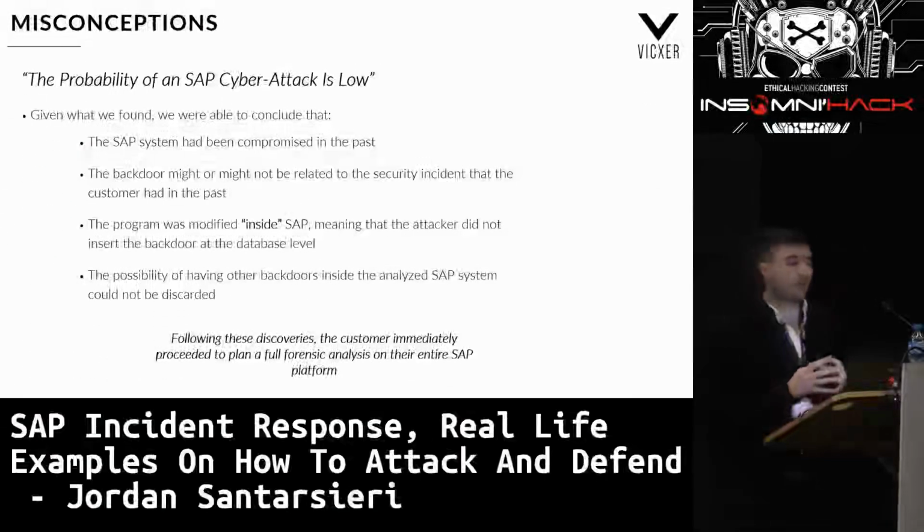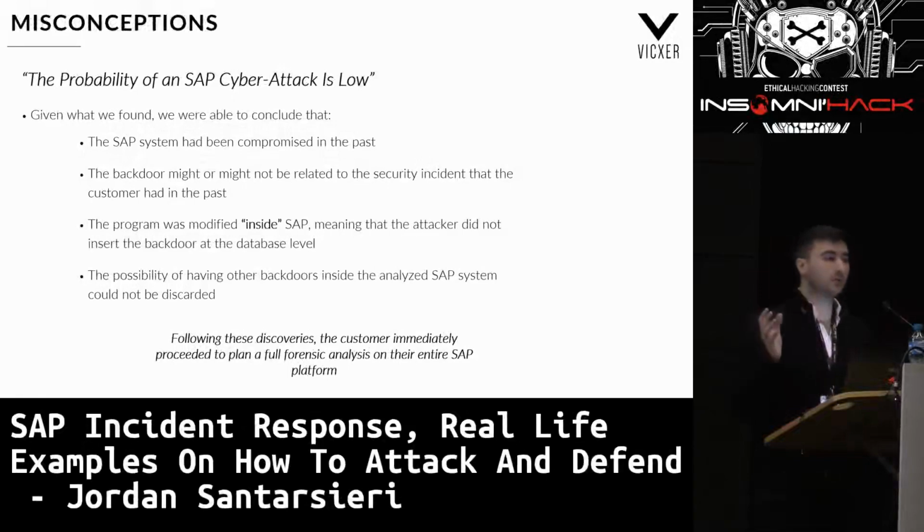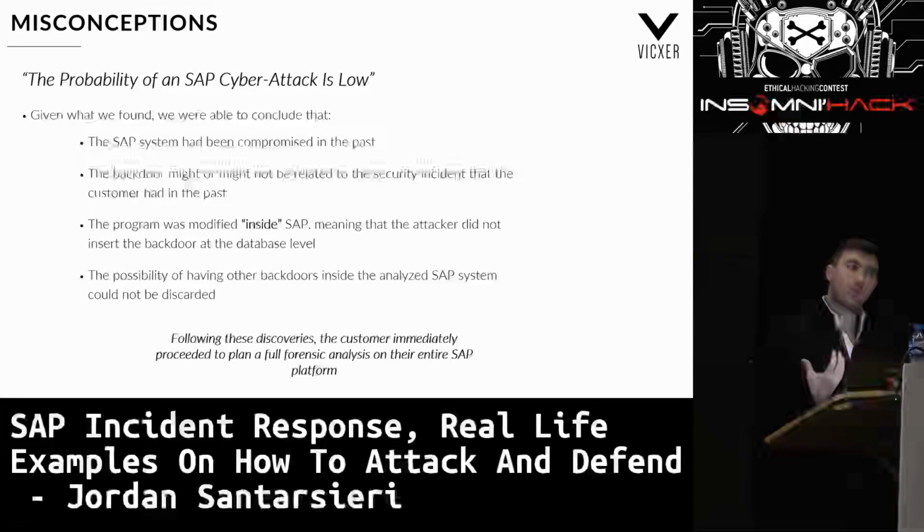So, given what we found there, we were able to determine that indeed the SAP system was compromised in the past. The backdoor might or might not be related to the intrusion that they had before. Because of the missing logs, we couldn't tell 100%. The program again was modified inside the SAP. No one did a direct insert there. We checked it at the database level.